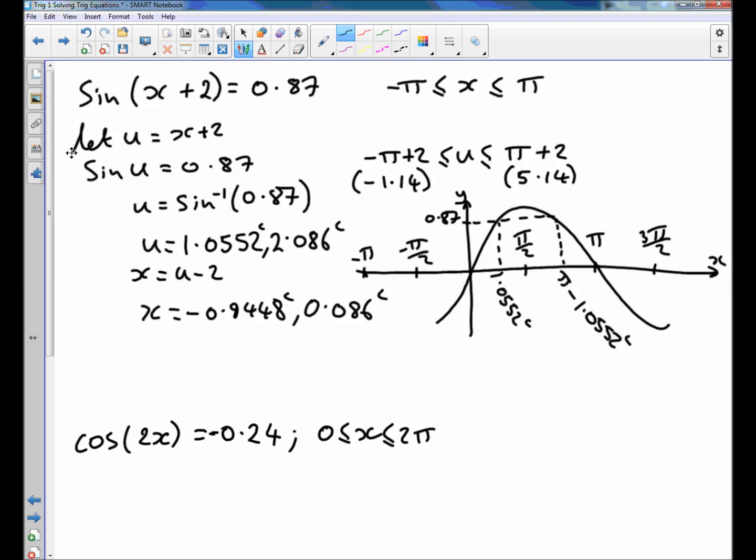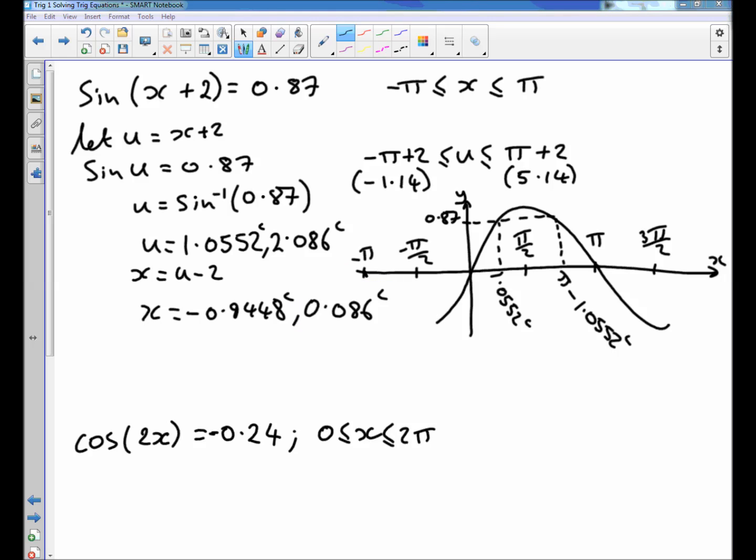You've got to work out your principal and secondary solutions of your transformed graph, and then from those work out the solutions for x. You'll notice that sine x between minus pi and pi, we'd expect to get two solutions, and for sine of x plus 2 between minus pi and pi, we also get two solutions.